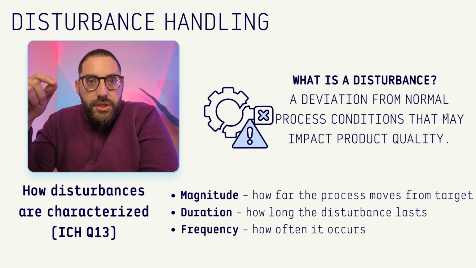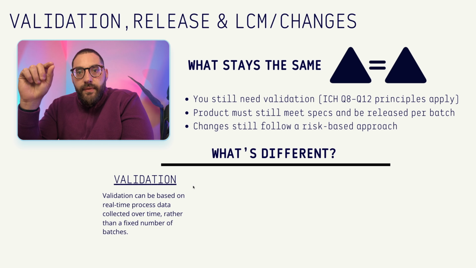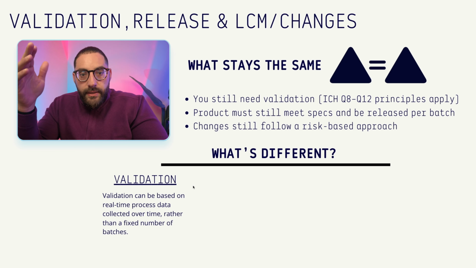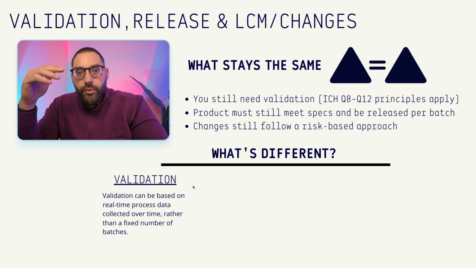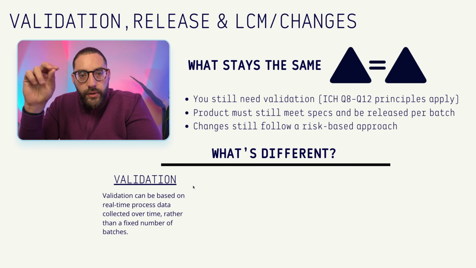The difference with continuous manufacturing is how these activities are conducted, based on the type of process it is. And so one of the things that's different is that evidence for your validation may be generated from process performance over time rather than relying on a certain number of batches like you traditionally would.